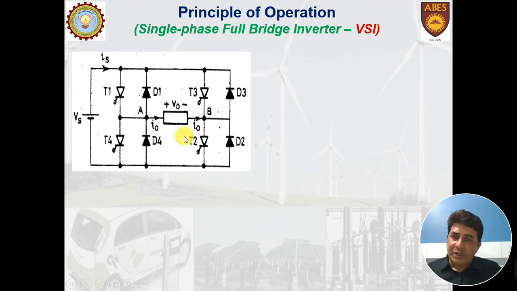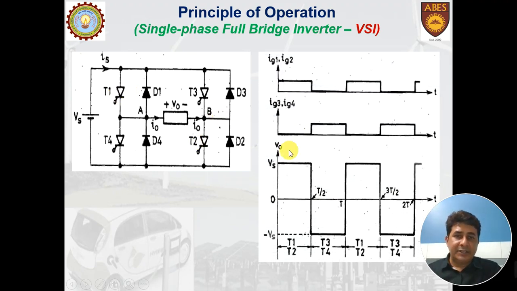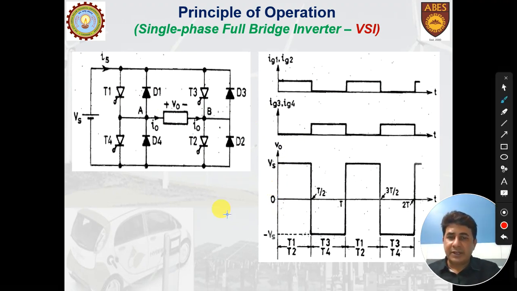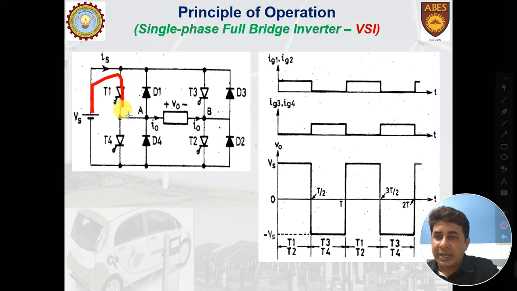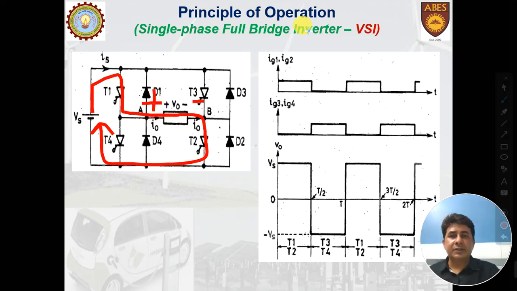Now if we trigger simultaneously T1 and T2 at this instant, at 0 instant, then what will be the direction of current? The current shall flow in this direction. The voltage will be positive here and negative here.